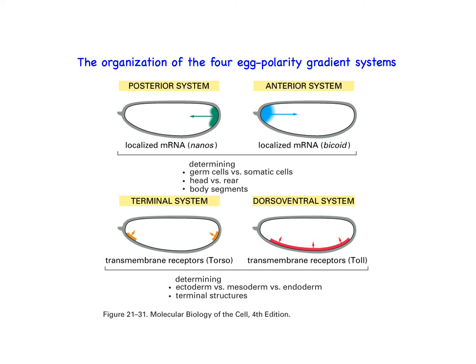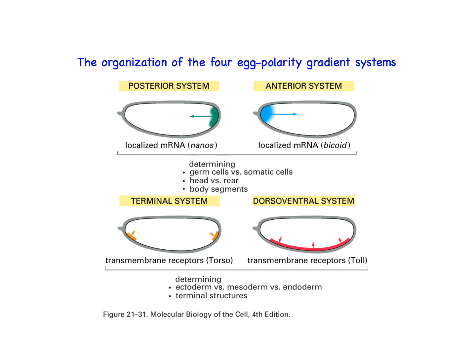And then another gene called nanos is expressed at the posterior end and forms a gradient in the other direction. There's also a gene expressed at both ends called torso that affects this as well.